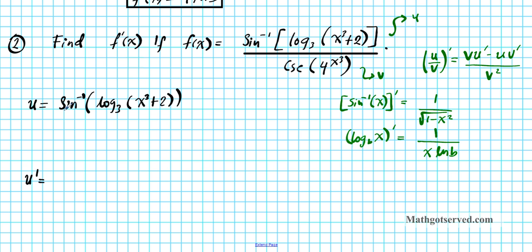We're going to start with inverse sine. When we're doing inverse sine, log base 3 of (x to the third plus 2) is going to be our u. We're going to leave that fixed and just differentiate the outside. Let's use this formula right here.